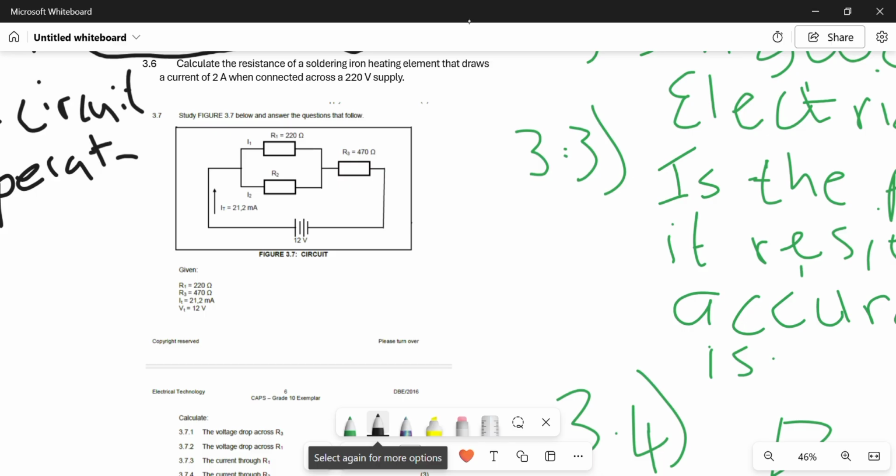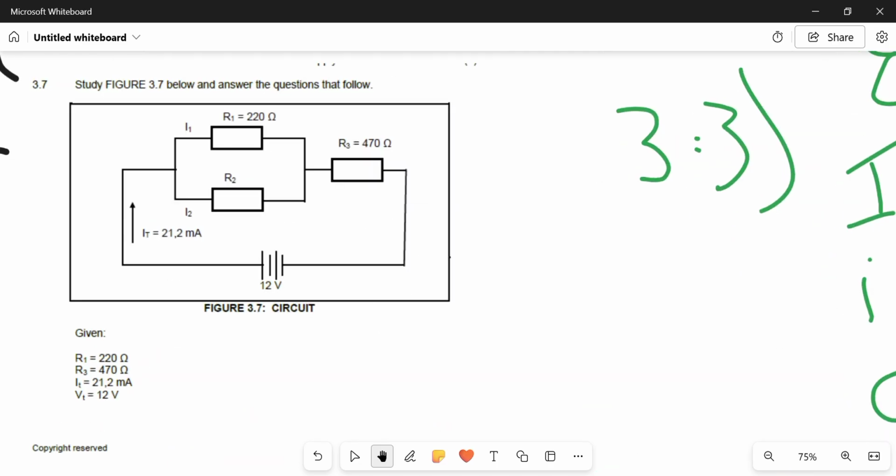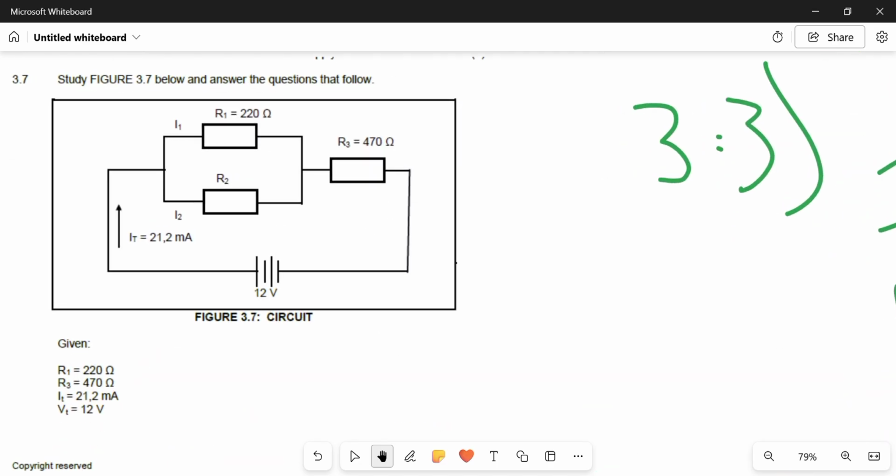Okay, now guys, we are gonna look at 3.7. We study the figure below. It shows we have R1, we have R3, we don't have R2, which R1 and R2 are connected in parallel, connected in series with R3.